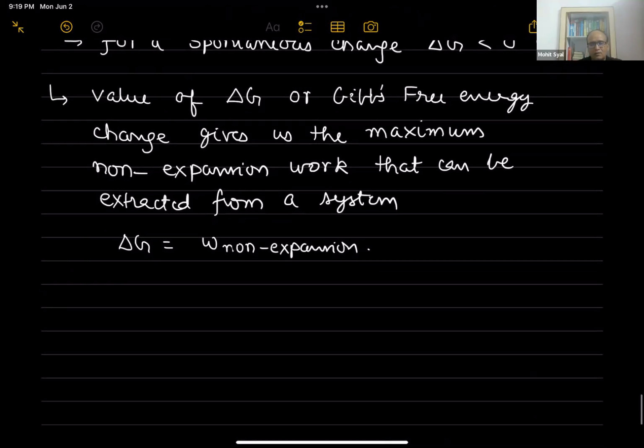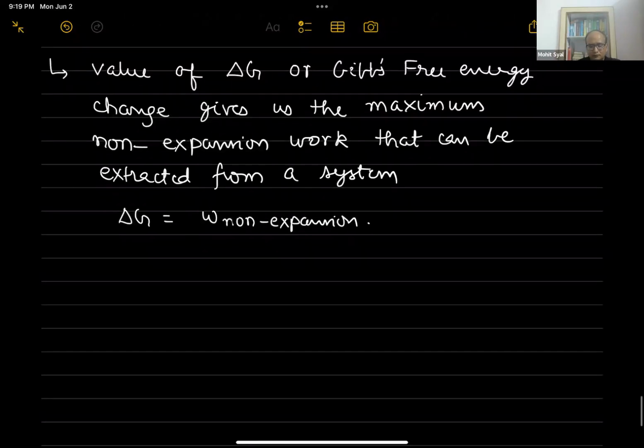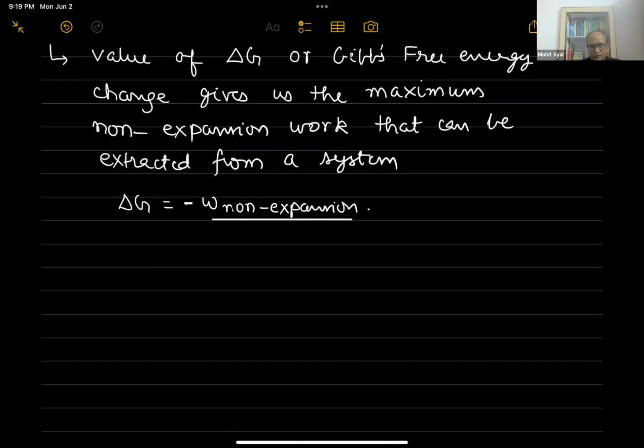Yeah. So suppose the Gibbs free energy is decreasing, that energy can be used to do some work. What kind of work? Non-expansion work. The decrease in Gibbs free energy is equal to the maximum possible useful non-expansion work obtained from the system.